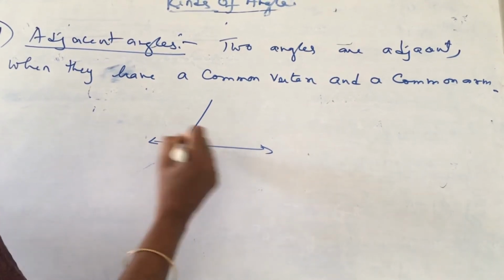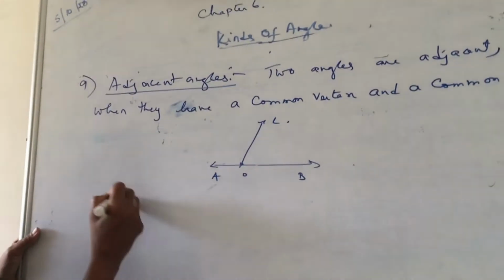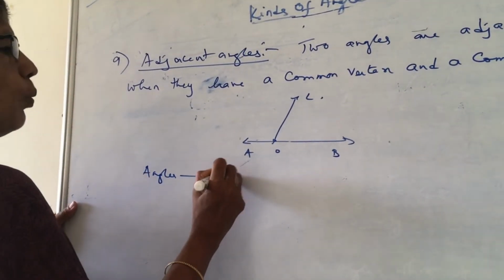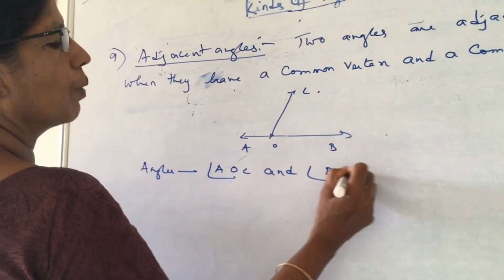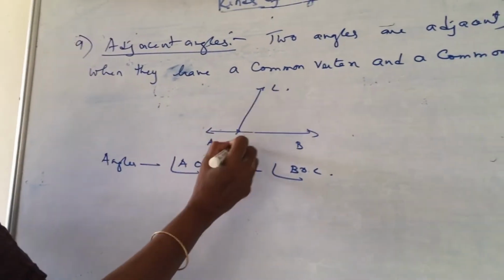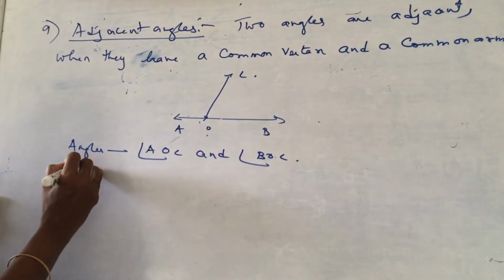Which are the two angles? Angles are angle AOB, angle AOC and angle BOC. Angle AOC, angle BOC. They have a common vertex.